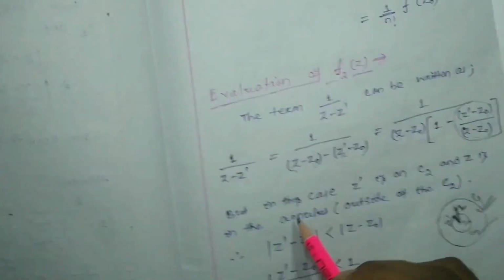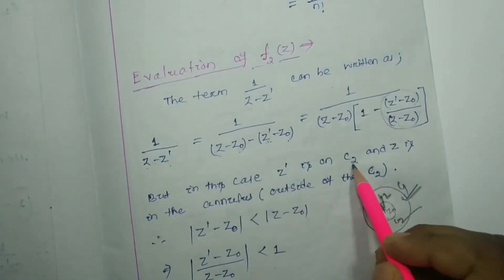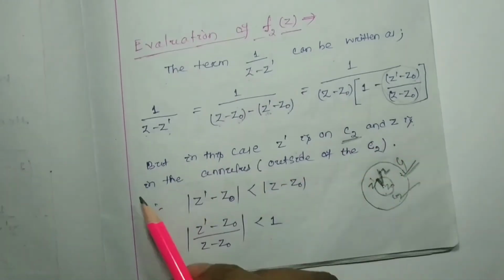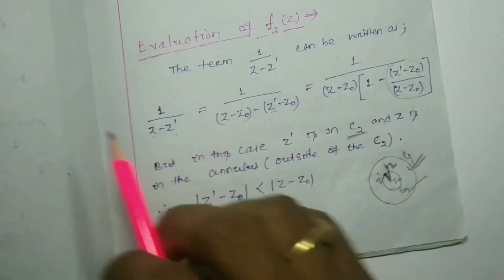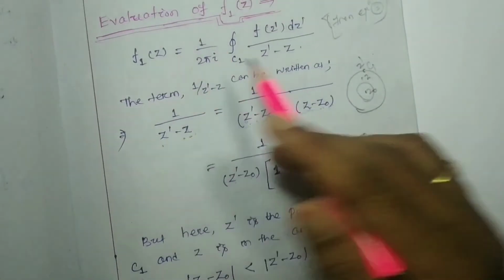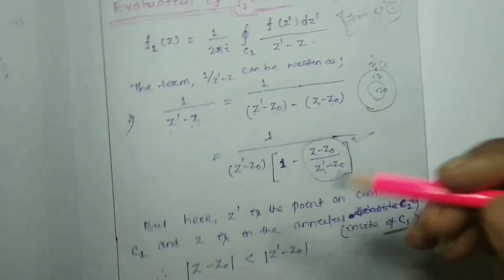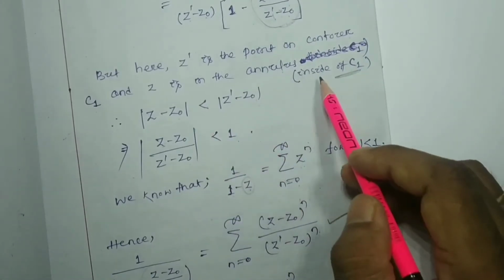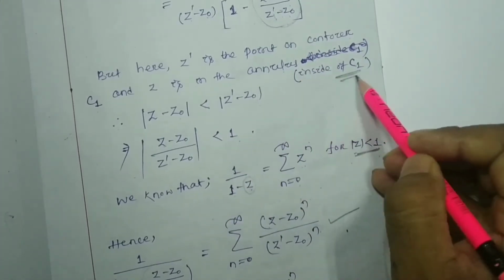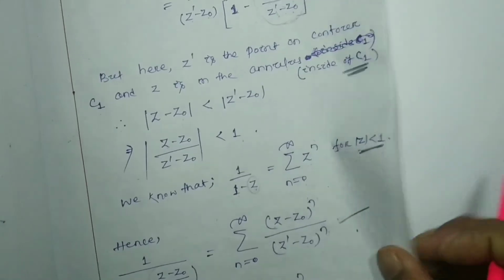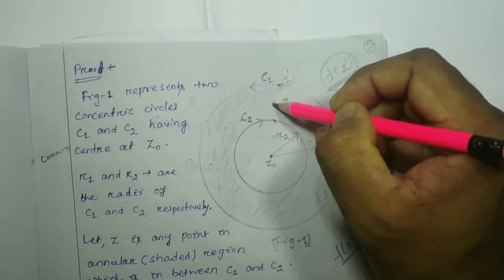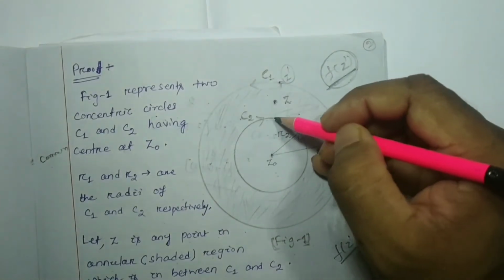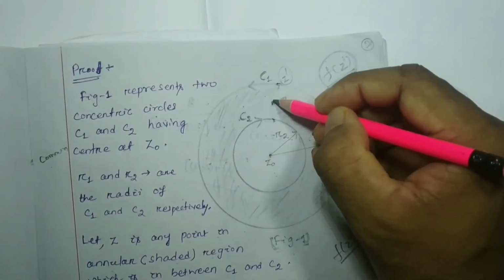But in this case, z dash is on C2 and z is in the annulus, that means outside C2. Previously for the f1 case, z is inside the annulus, or you can say inside C1. But for the f2 case, it is outside C2, right?